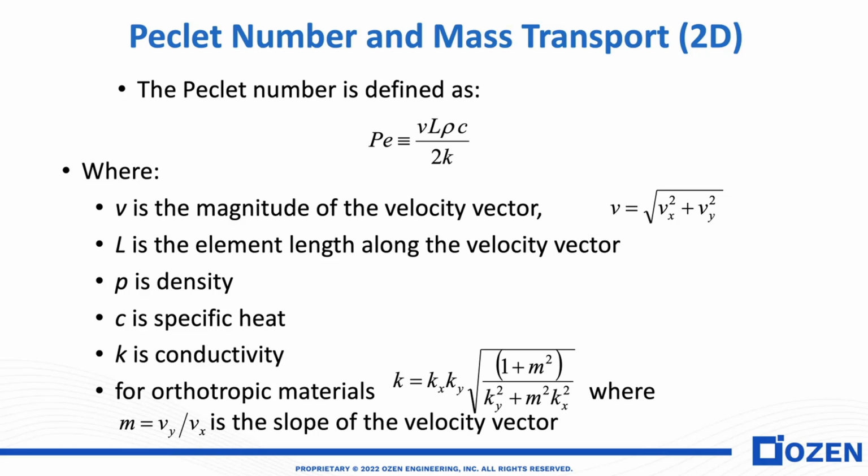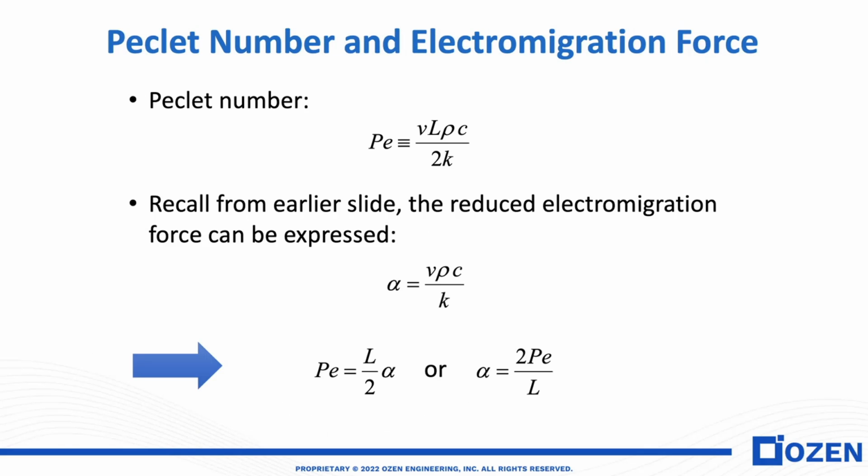So if we are solving in 1D and interested in just one dimension, how the current flows from, say, left to right, capital L is the element length. We can also modify this for orthotropic materials, but at this point, we'll just look into the one-dimensional solution.